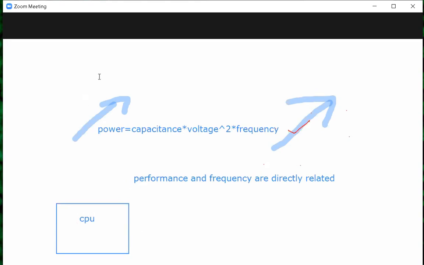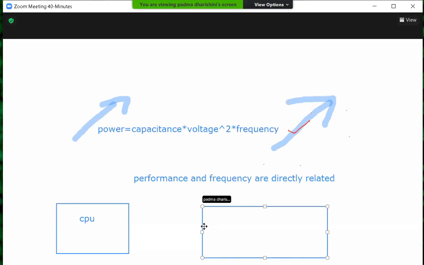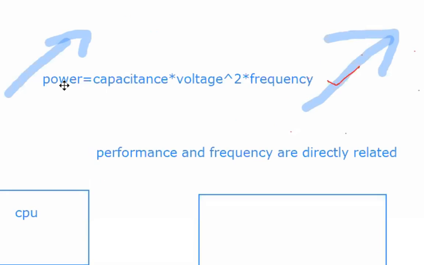So now in a multi-core environment, what they did is they came up with a processor like this, and in that they came up with two CPUs. One is CPU 1 and another one is CPU 2.